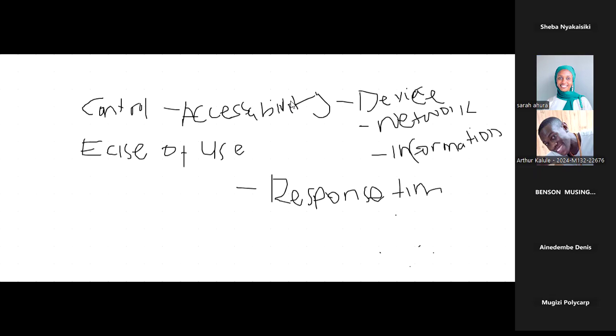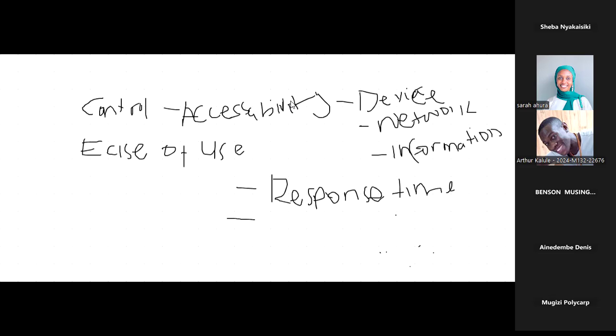Assuming you're querying the database, or making a transaction, how long it takes for that process to complete when you get served. Okay, yeah. Then what else?